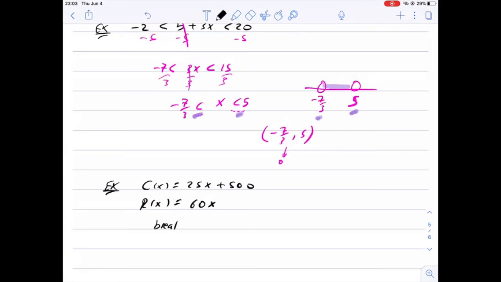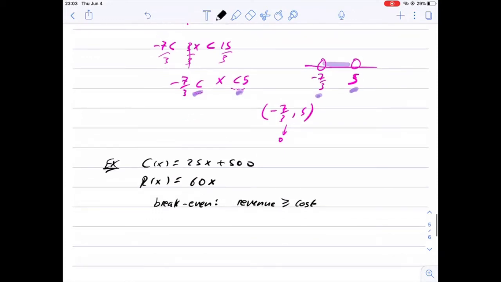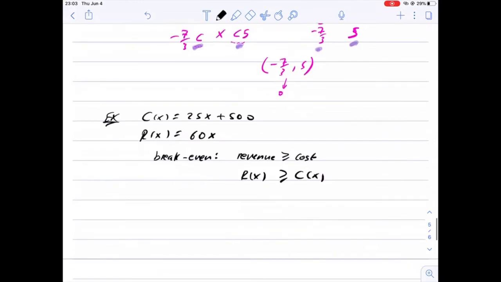So we have break even if the revenue is at least equal to the cost. That means greater than or equal to the cost. So we want the revenue R of x to be greater than or equal to the cost function.